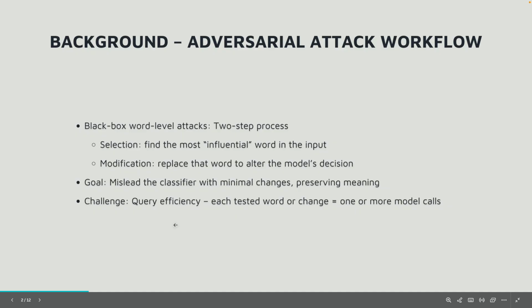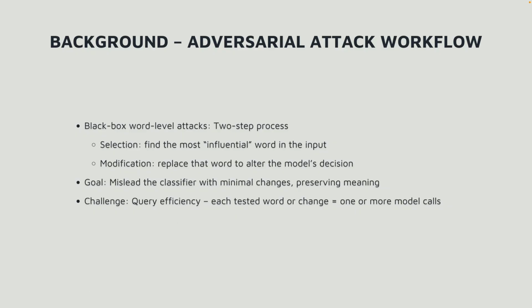When it comes to selection, our goal is to find the most influential word in the input. After we find the influential word, we do the modification, where we try to replace that word to see how the model's decision is altered. Our goal in doing this is to mislead the classifier with minimal changes while preserving the meaning.